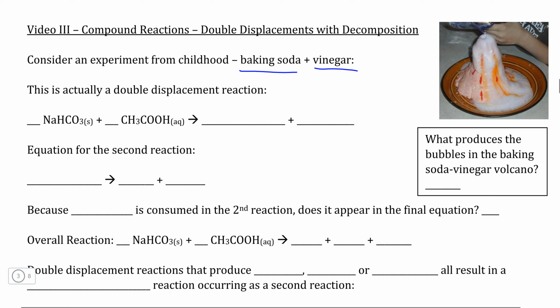Now, we need to know what the chemical formulas of these chemicals are to predict what the reaction is. As it turns out, sodium hydrogen carbonate, or sodium monohydrogen carbonate, is the chemical formula for baking soda, and this acid here, which is actually an organic acid that we call acetic acid, is the active acid in vinegar.